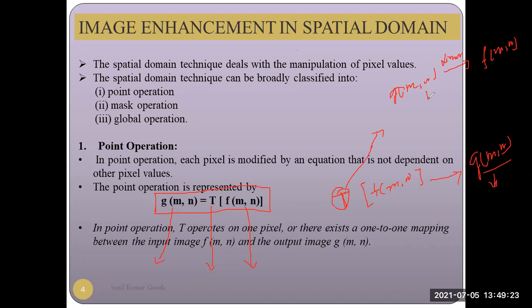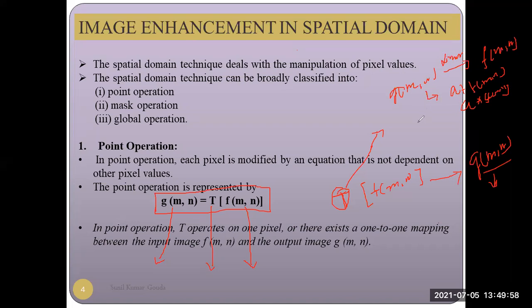For example, improving the brightness, improving the contrast, or changing the size of the pixel values. Now these are linear transformations where the transformation takes place either as a plus f of m,n or a into f of m,n, where a is a linear constant value that will modify it.